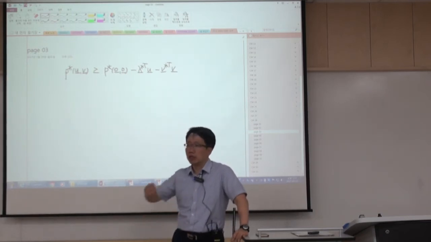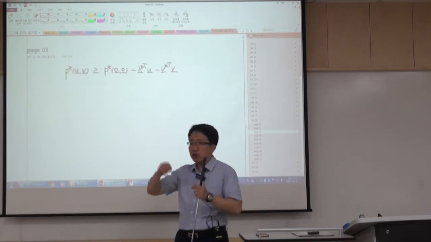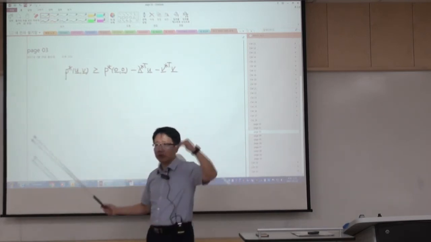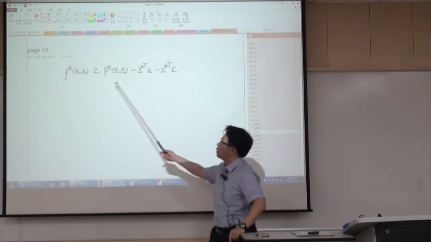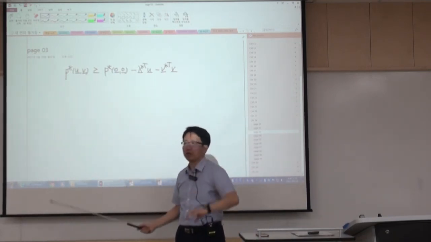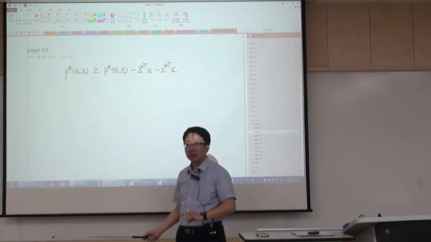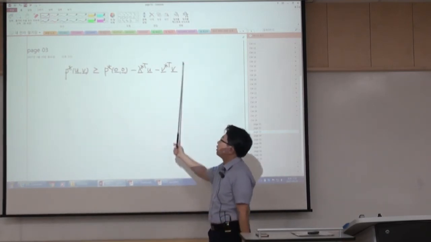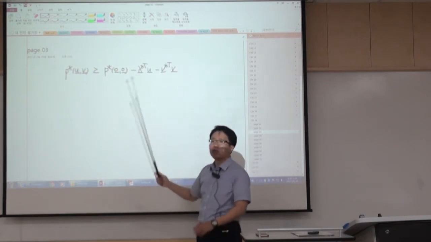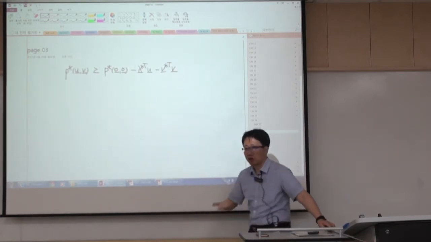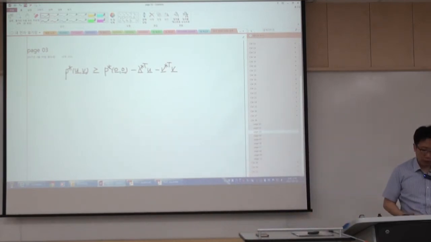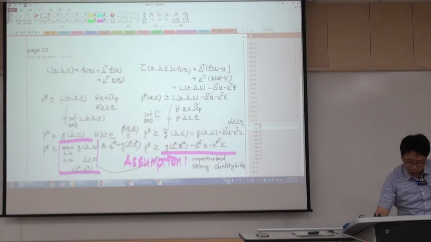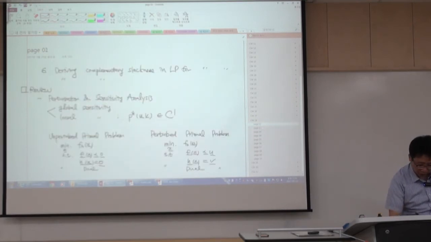Because in some cases you know which direction P star UV moves, goes down or goes up. So sometimes you can say it goes down, but it does not go down much. But in general, when this is very large, your performance definitely worsens because your lower bound pushes up your minimum value. Got it? I may have spent too much time, but anyway, this is the global sensitivity result.